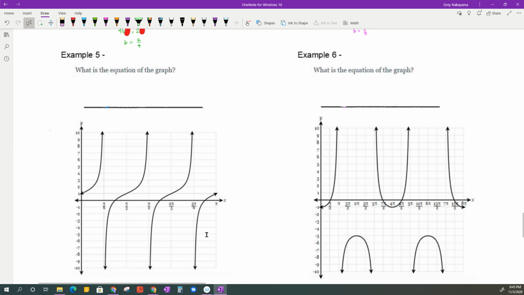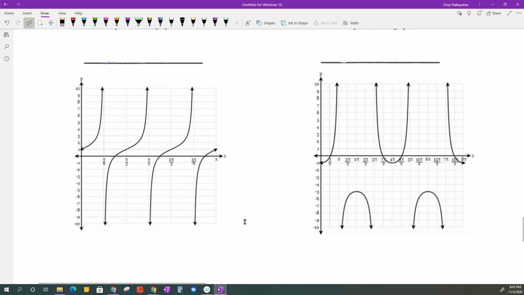Okay, what's the equation of the graph? Again, this time, this one is rising. So if it's rising, it's going to be tangent or, of course, negative cotangent. But we had our tangent straddling the y-axis, so this kind of goes along, which means there's no shift in it. So I'm going to go ahead and use the tangent. Now, I'm going to look at what's completely on the graph.